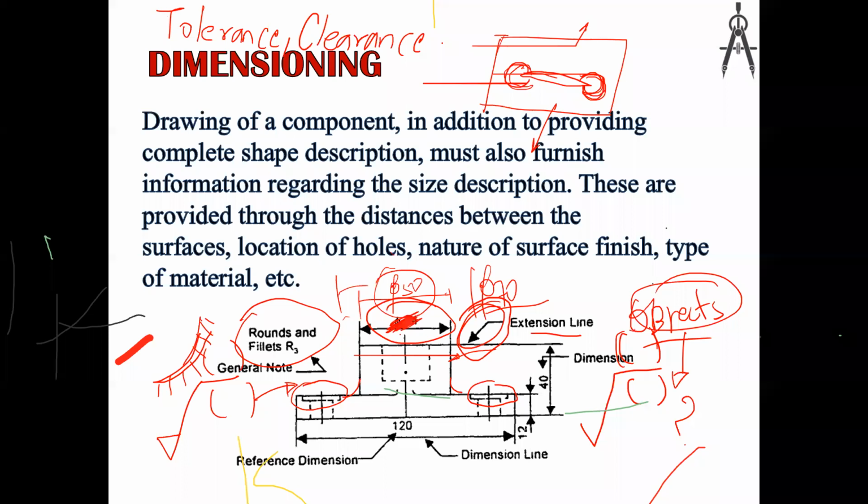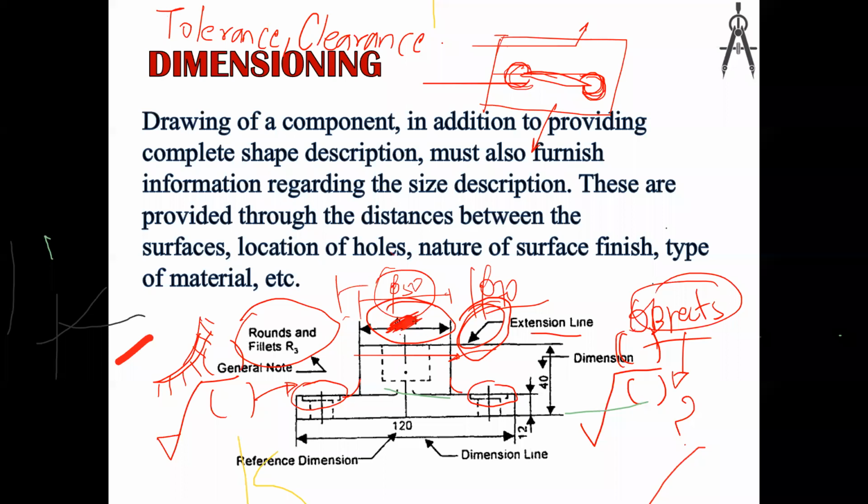What's the purpose of having dimensions? If you don't put a single dimension, then after this drawing, the fabricating person who is going to fabricate will be in trouble. So you should make it clear with the dimensioning.